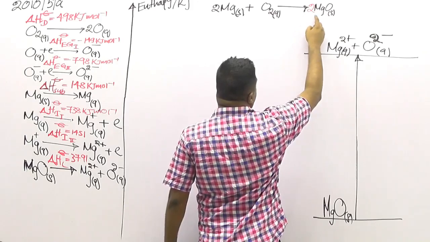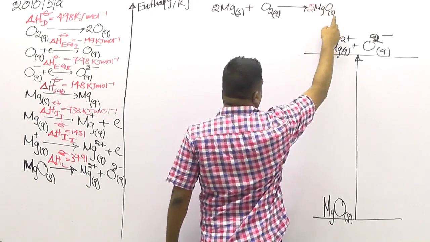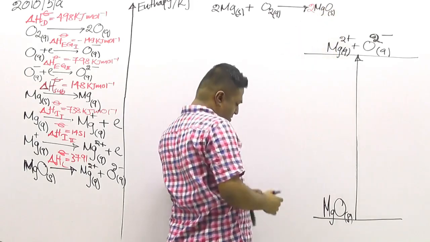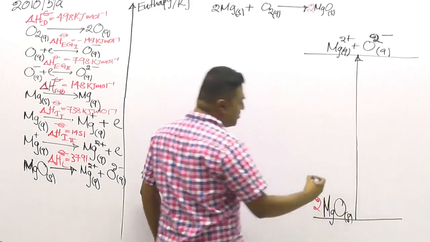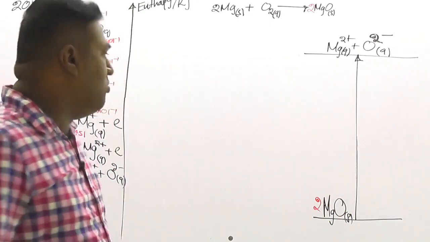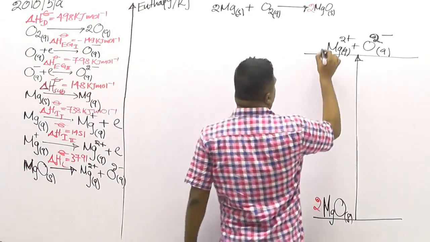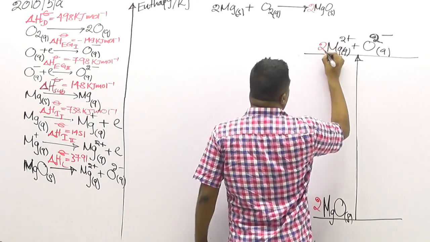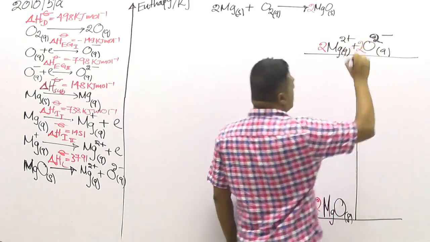You should mention 2 moles of MgO solid, and 2 moles of Mg2+ and 2 moles of O2-.